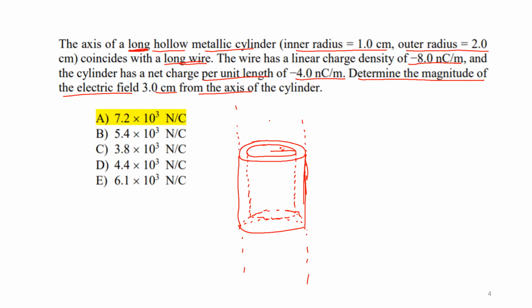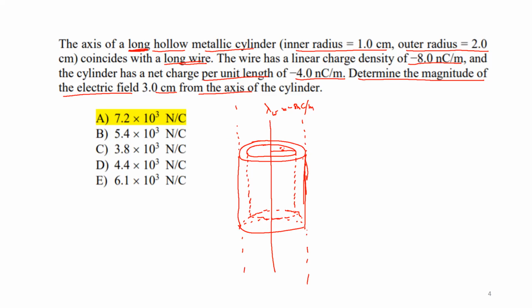So the axis is here. And on this axis, there is a long wire. And the wire has a linear charge density lambda wire, which is equal to -8 nanocoulomb per meter.